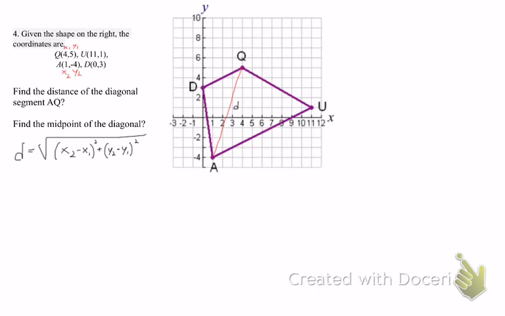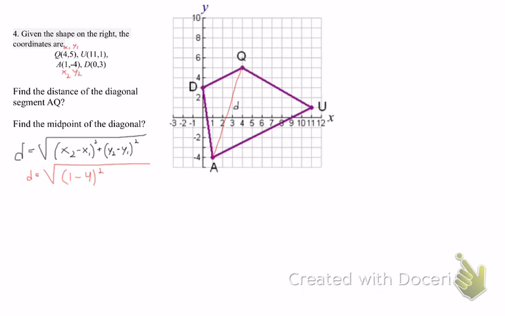So down here, all we do is we substitute the information in. So we see that D is equal to the square root of our x2. Our x2 is from A, so our x2 is 1, minus our x1, which is from Q, which is 4.